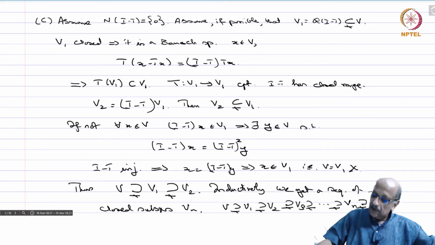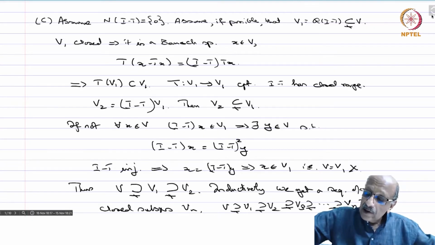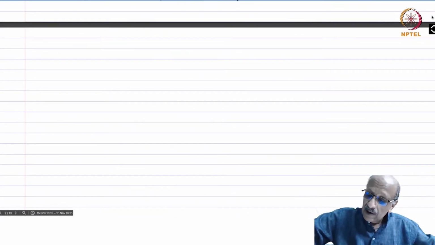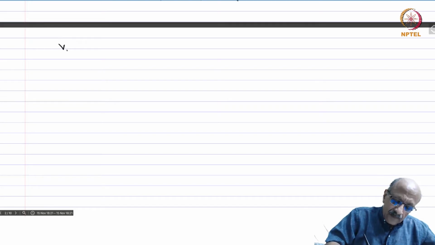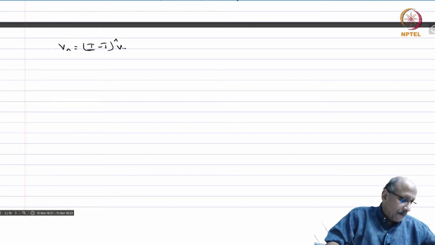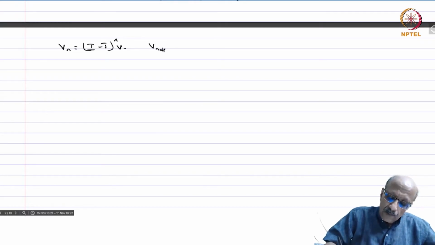This should not end, because if at any stage it ends, then all of them will back up, and you will get V1 equal to V. And Vn is (I minus T) to the power n of V, and Vn+1 is a proper closed subspace of Vn.